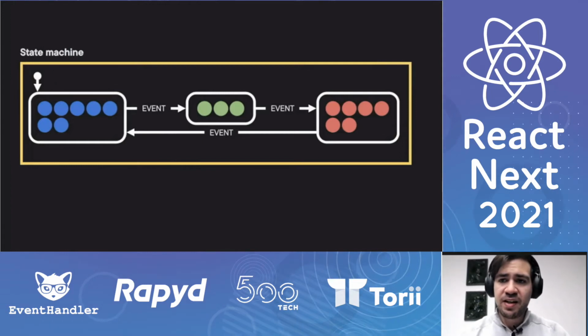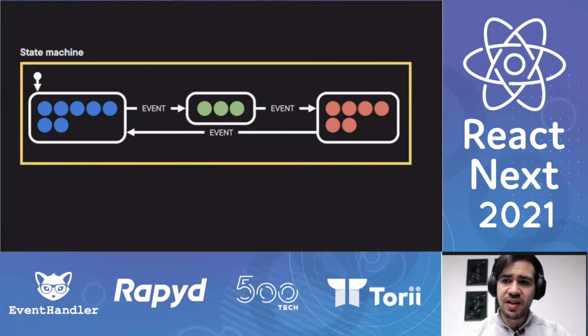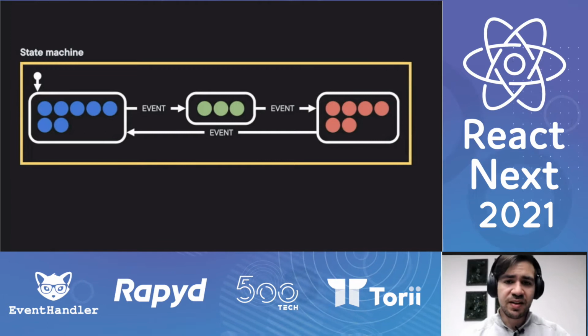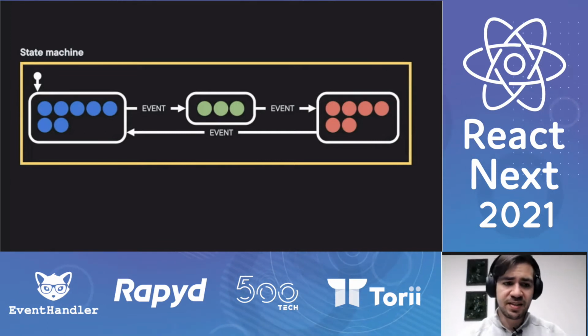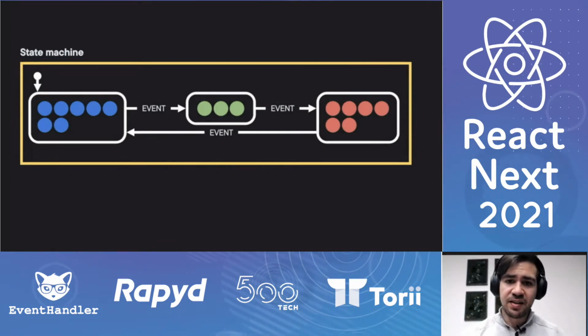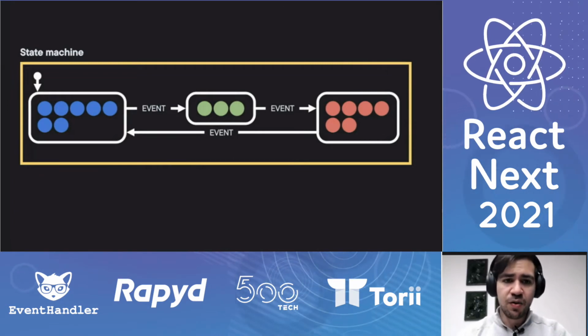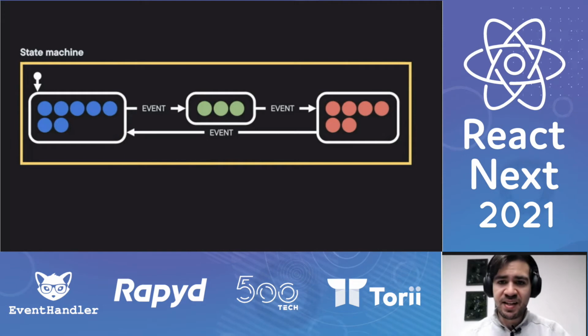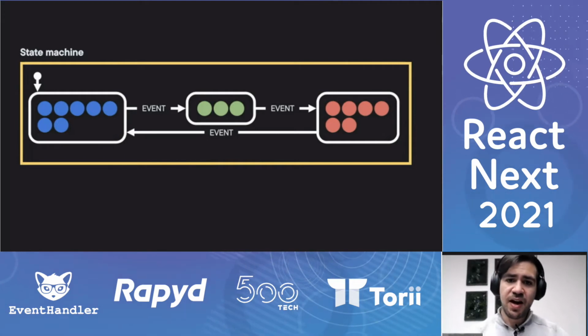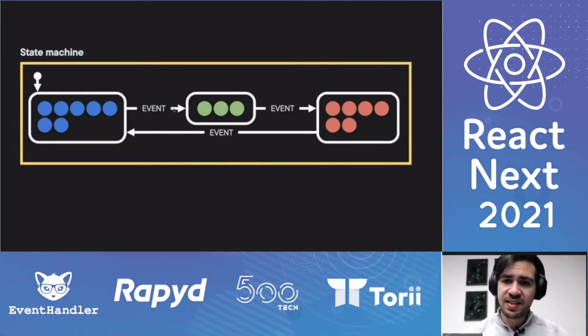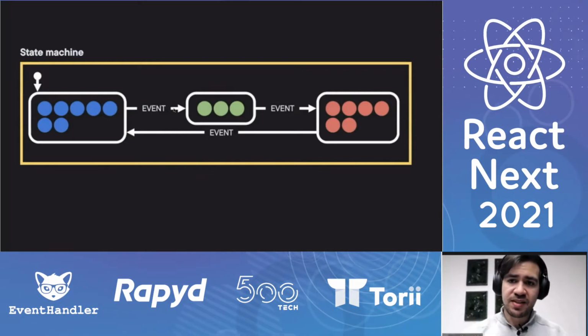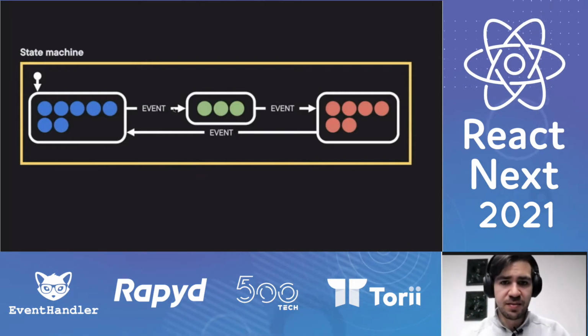And so that's why we have state machines. And what state machines do a little bit differently than reducers is that they separate the behavior of your app into distinctive behaviors, or what is known as finite states. And so the idea is that your app can only be in one of these states at a time, and each one of these states can handle events a little bit differently.